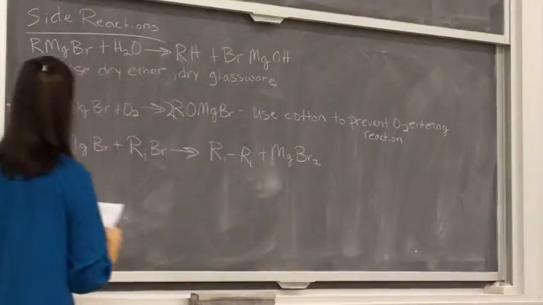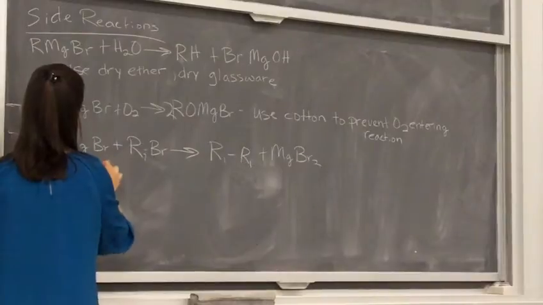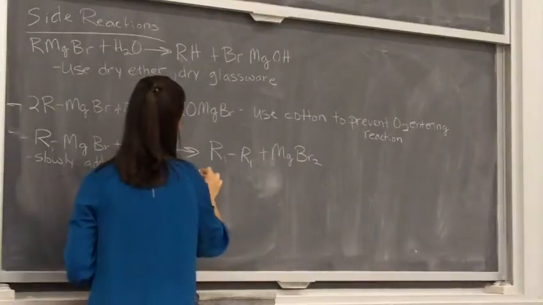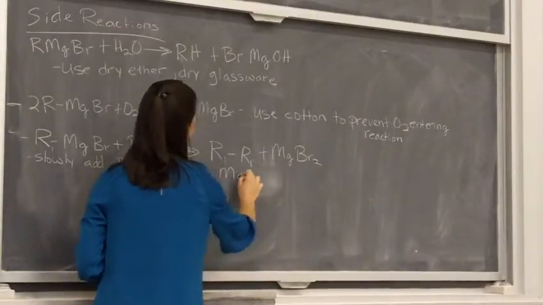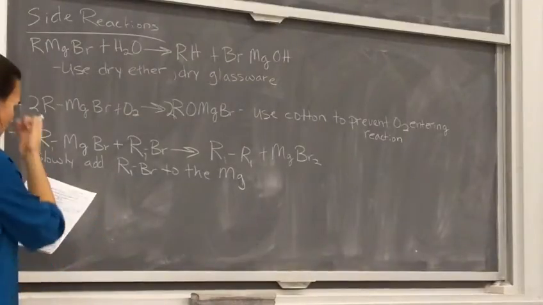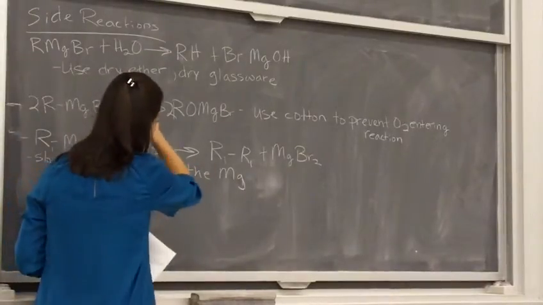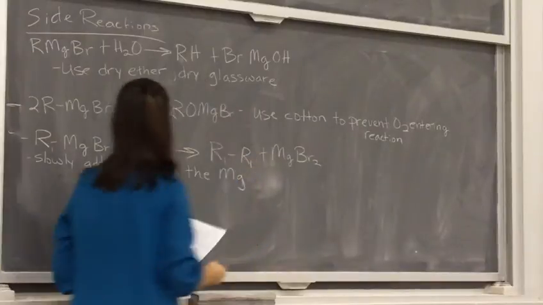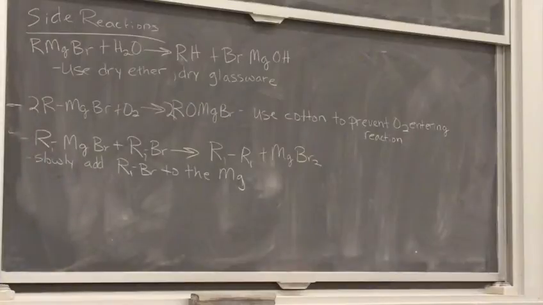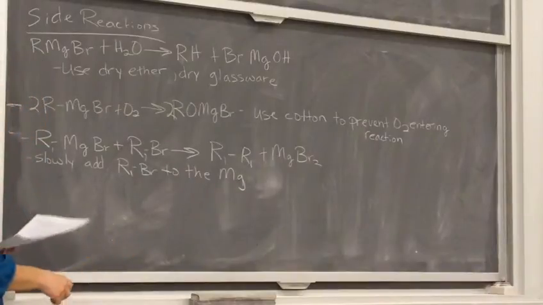So to prevent this, we're going to slowly add the alkyl halide to the magnesium instead of adding it all at once. And what you get is then less of this formation so that the alkyl bromide is reacting with the magnesium as it's being dripped in instead of trying to react with the Grignard reagent that is already present.